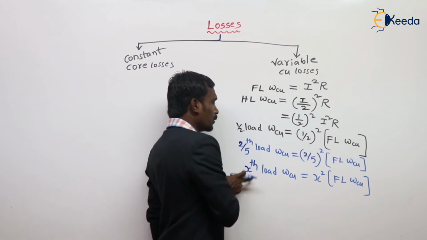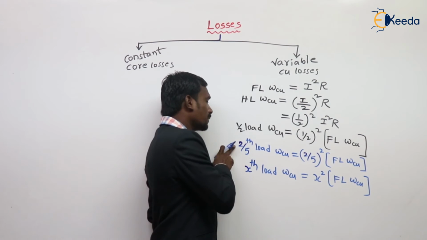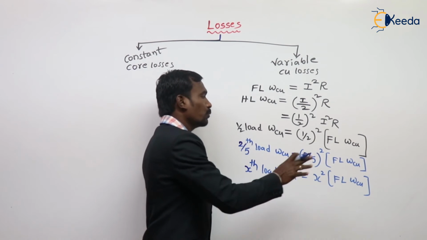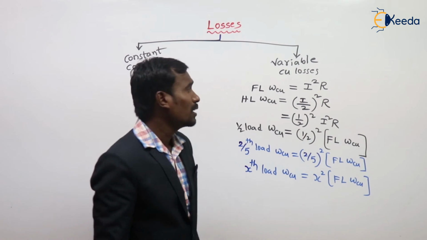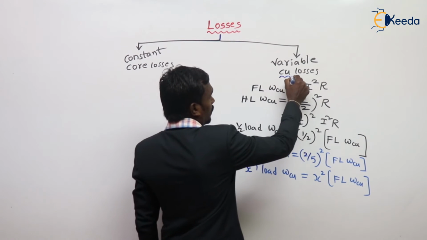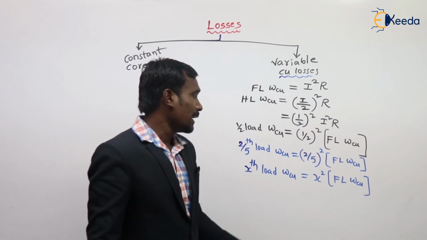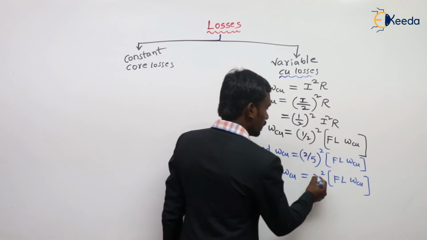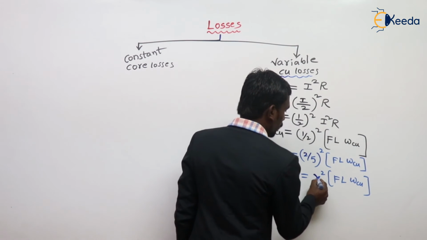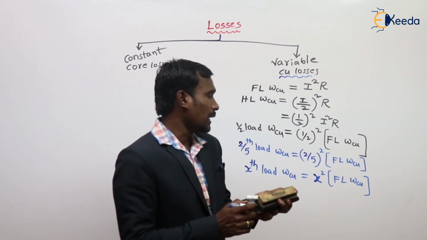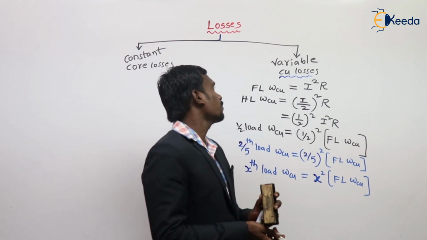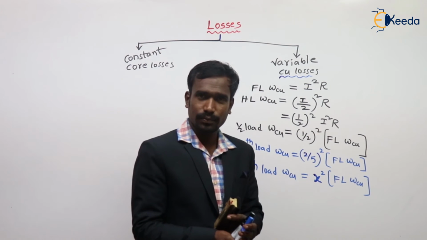X may be 1 by 2, 1 by 3, 1 by 5, 2 by 5, whatever the value. The copper losses, very very important formula: xth load copper losses is equal to x square into full load copper losses. This is about the copper losses.